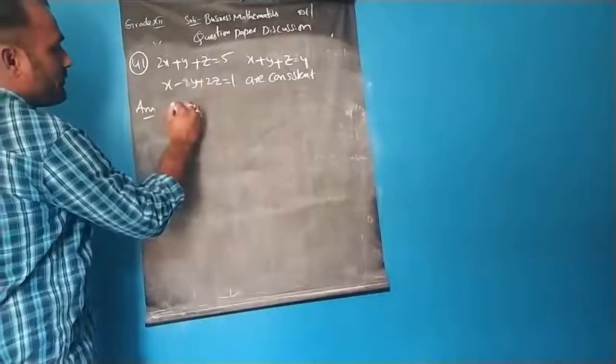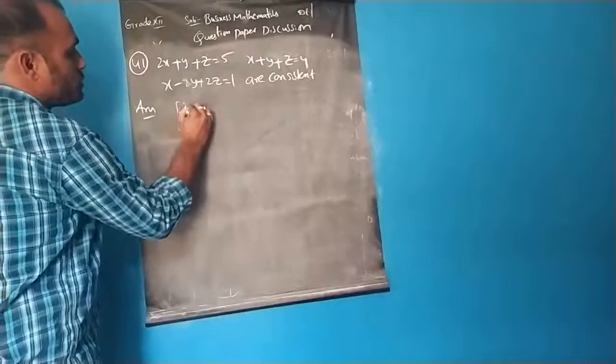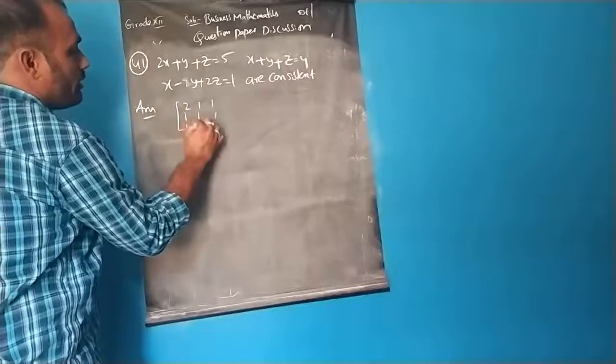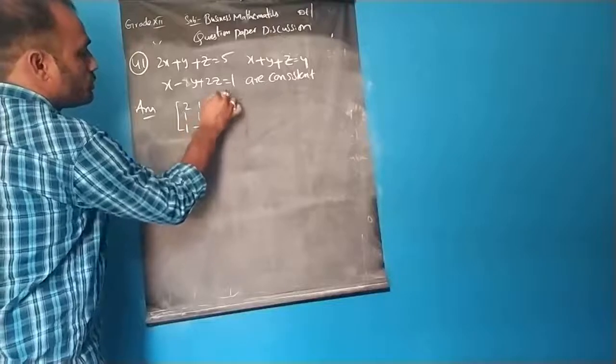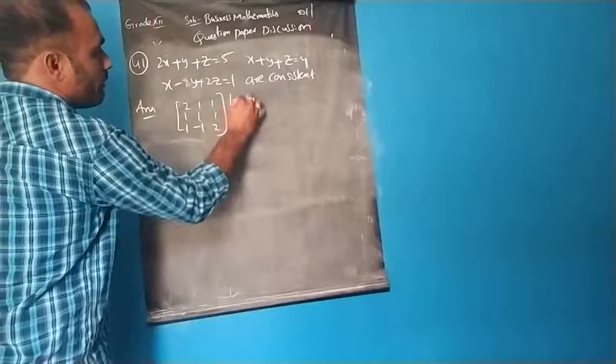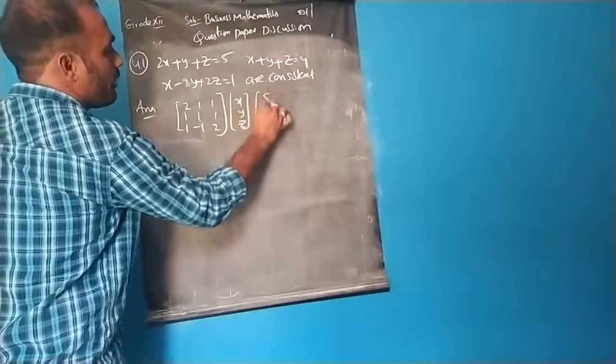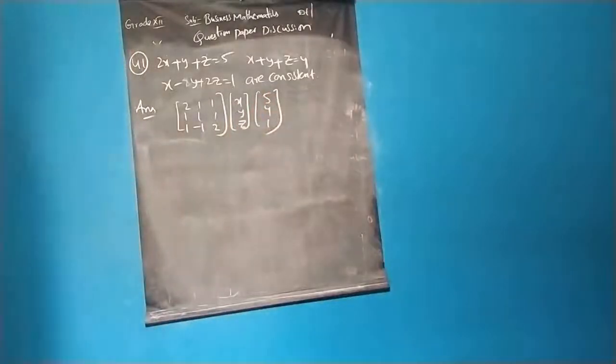So let us first write the matrix notation form, that is 2, 1, 1, 1, 1, 1, 1, minus 1, 2. X, Y, Z are the variables, and 5, 4, 1 are the constants.